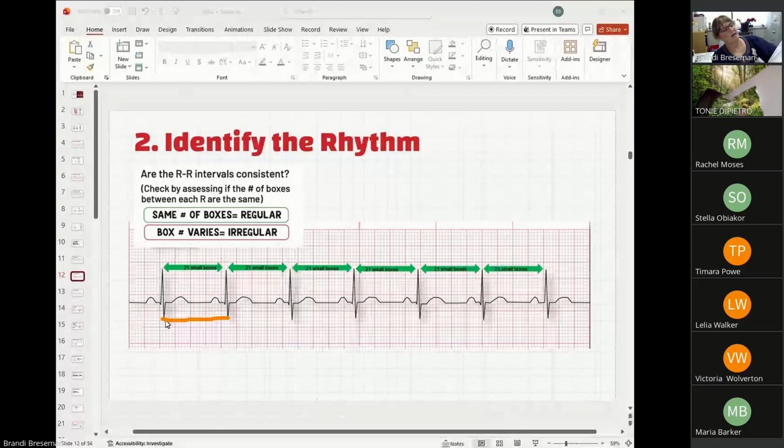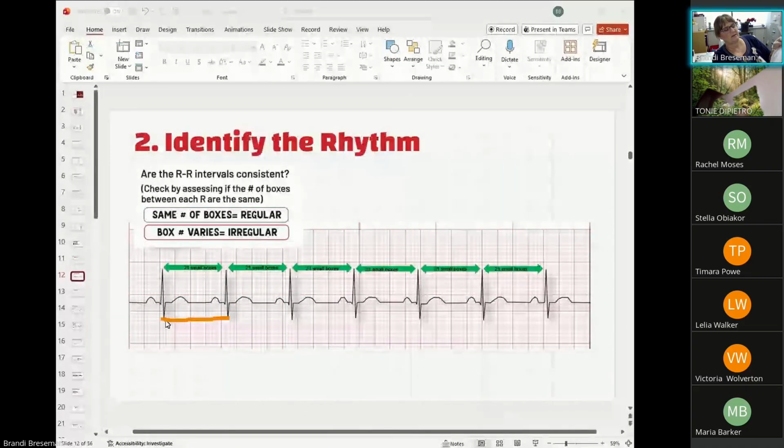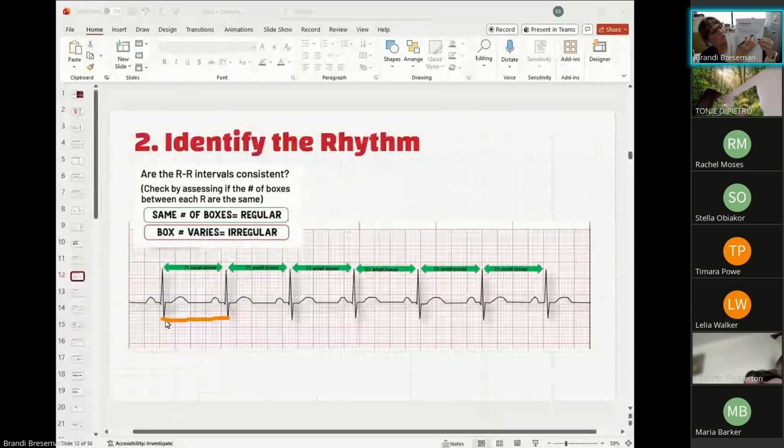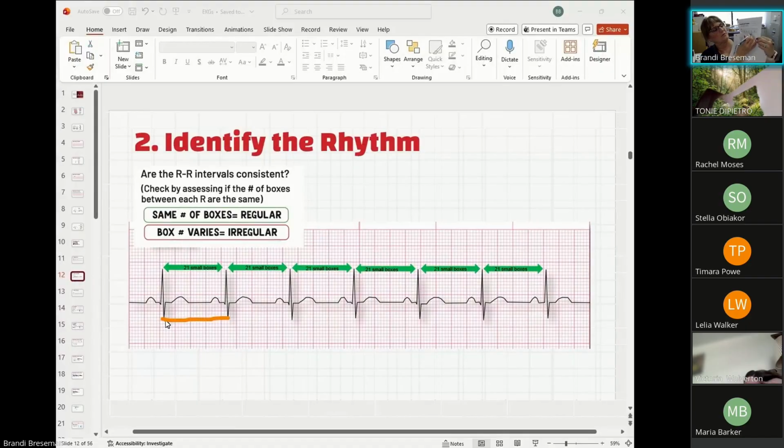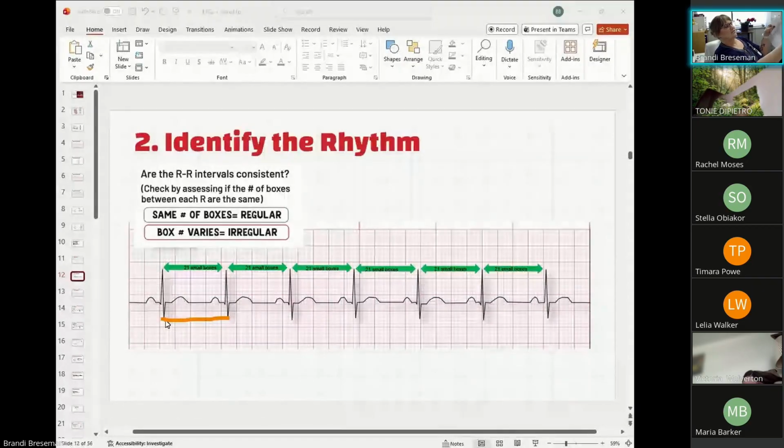If I had paper like this, I would take a pen and mark the space between. Can you guys see this? Okay. I'm going to mark where one QRS is and then where the next QRS is. And then I can just move it down and see, does it match up all the way down?